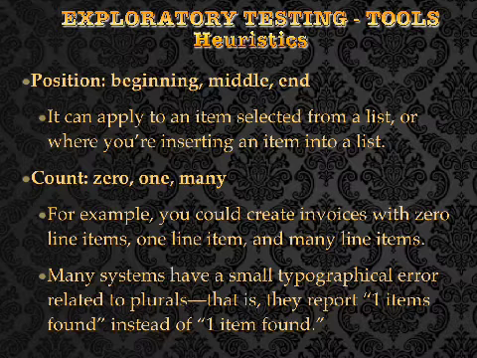This can help you understand how your software works in those areas. You can try inserting an element at the beginning, middle, and end to see if it works fine on all occasions. And you can also check the count as 0, 1, and many.